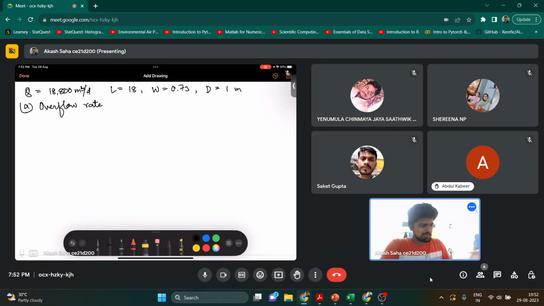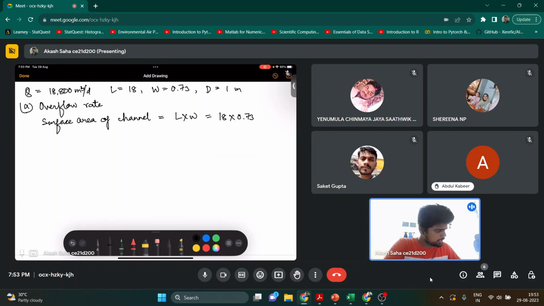First, what will be my surface area of the channel? For overflow rate, we have to see the plan of the channel, so my plan area will be L into W, right? That will be 18 into 0.73, which is equal to 13.14 meter square. So this is my surface area of the channel.